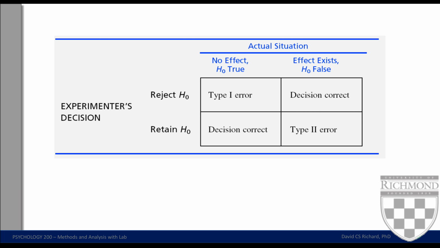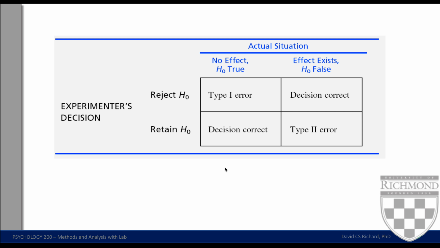There is no gray area, okay? And similarly, in the real world, we would see either an effect for two variables, that an effect exists, that there's a relationship between two variables, in which case the null hypothesis is false, or no effect, in which case the null hypothesis is true.